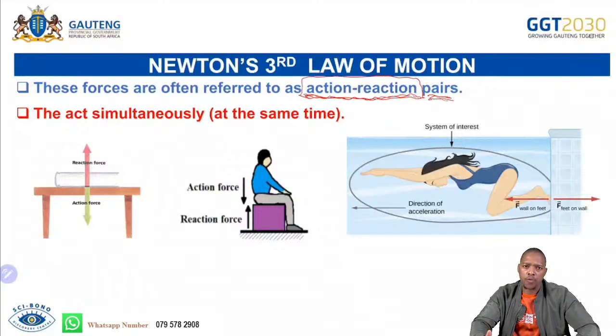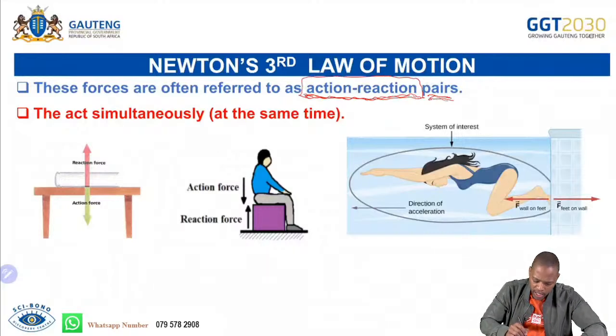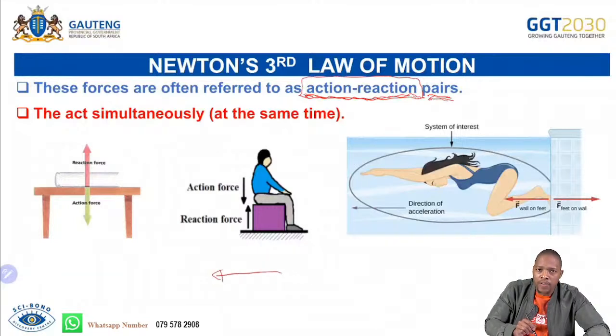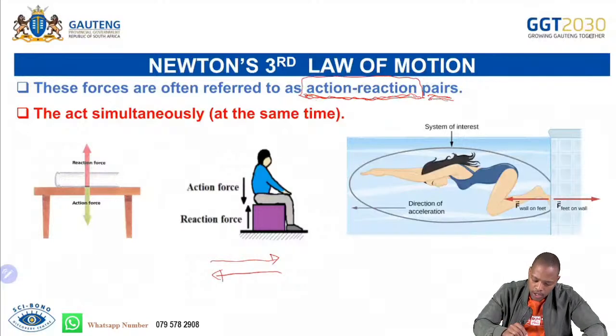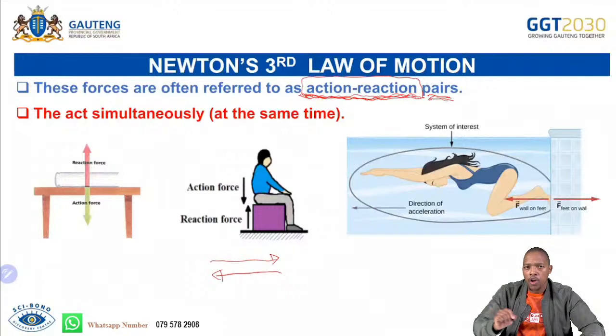That's the reaction. In this case, in Newton's third law, that is not what is happening. We are not having a force acting, and then after some time, we are having another force reacting. So that's what I want us to be careful about when it comes to this word here, action-reaction. When we talk about action-reaction pairs in Newton's third law, the two forces are occurring simultaneously.